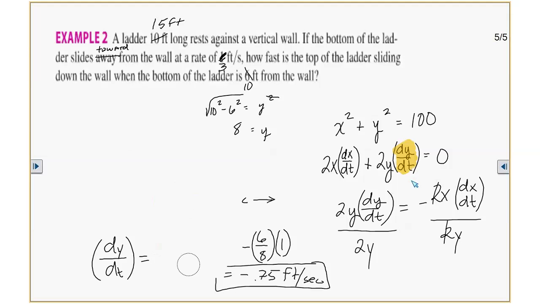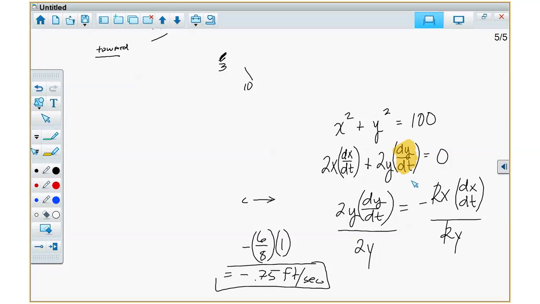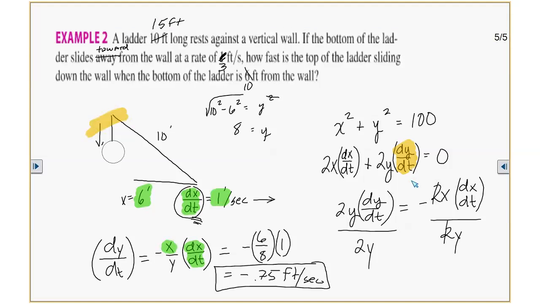But I want you to start from scratch. Try not to use your notes. Now that I've shown you how to do it and what to depend on, try to do it using what you know.